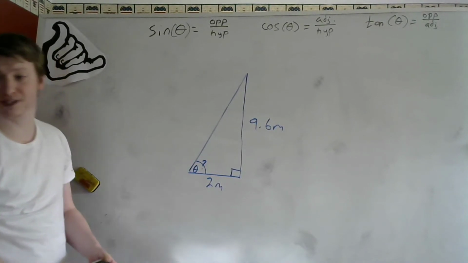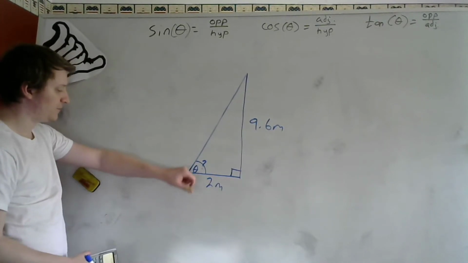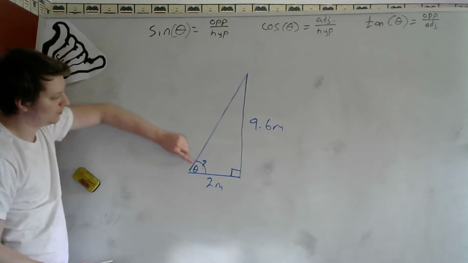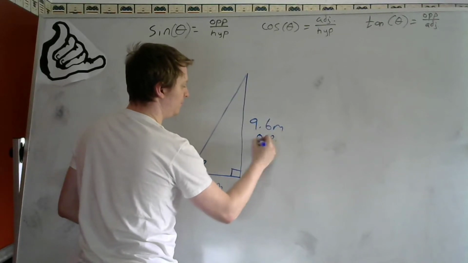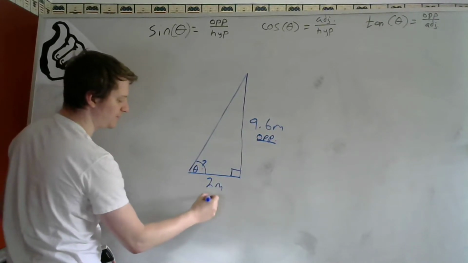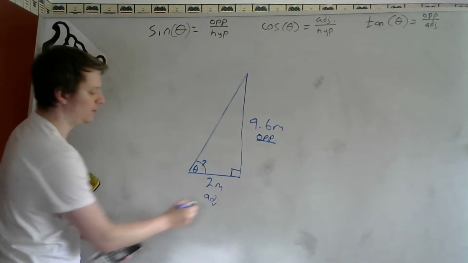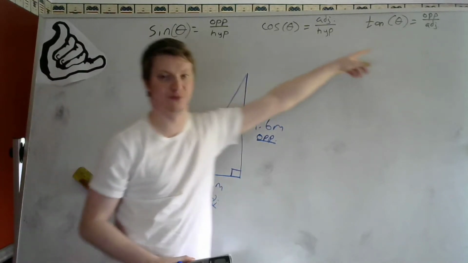No, we didn't, but that's okay. All right, so for this angle, I've got opposite, and I've got adjacent. Opposite and adjacent means we want tangent.